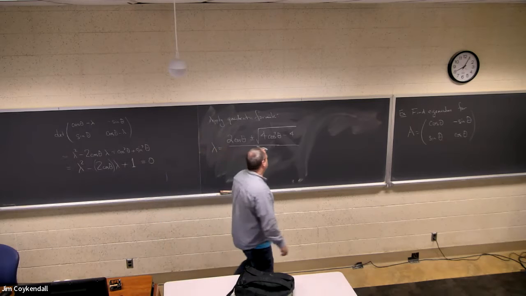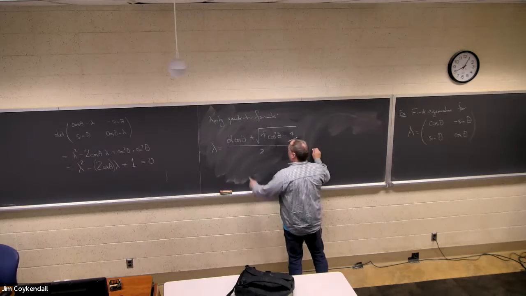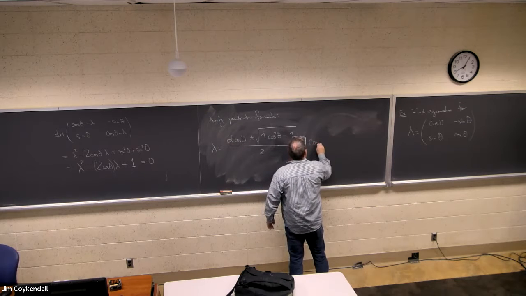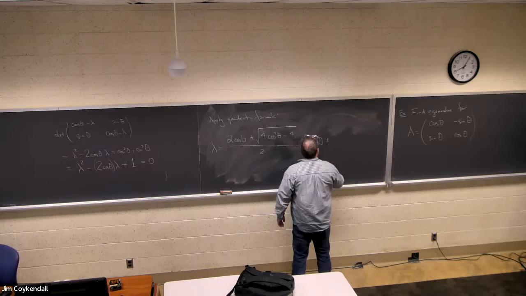And I can simplify this a little bit. Let's see, 2's cancel here. So I have 2 eigenvalues.